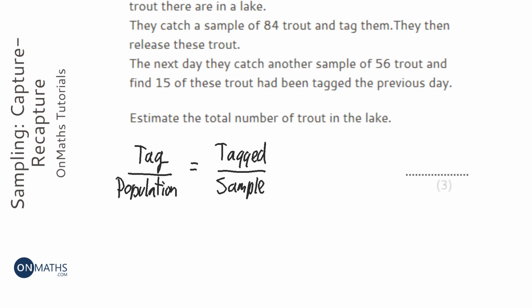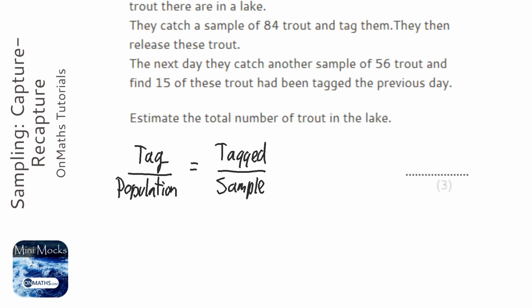This is a really clever way of doing this, because whenever you take a sample of trout, the proportions of tagged to sample should be the same. So for instance, if you've got 100 sweets and 50 of them are red, then half of your sample, no matter what sample you take, as long as it's representative, should be red.